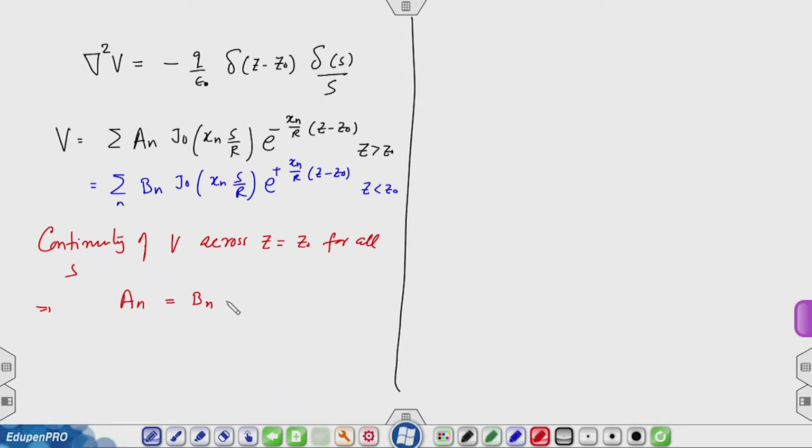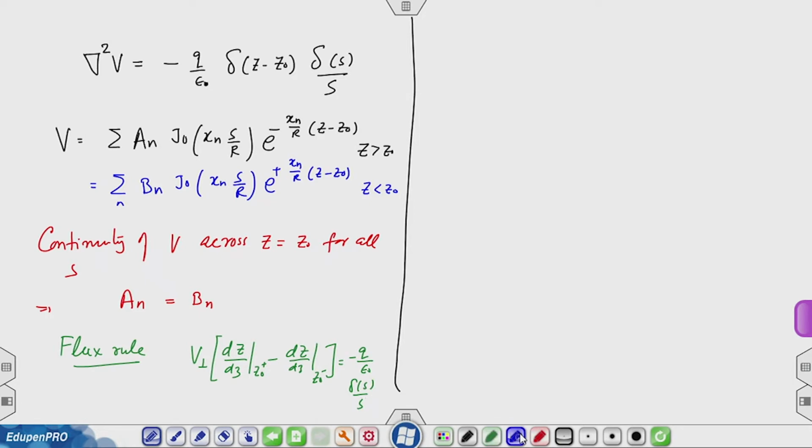So now we need to determine this a_n and b_n. Then we need to apply the flux rule, which will say that dV/dz at z0 plus minus dV/dz at z0 minus is equal to minus q over epsilon 0 delta(s) over s.